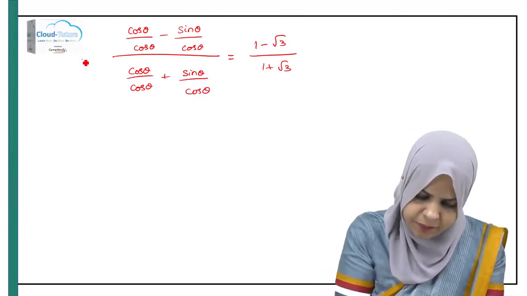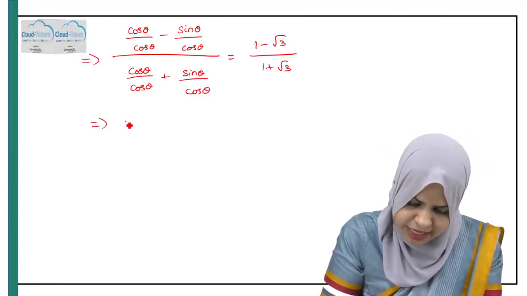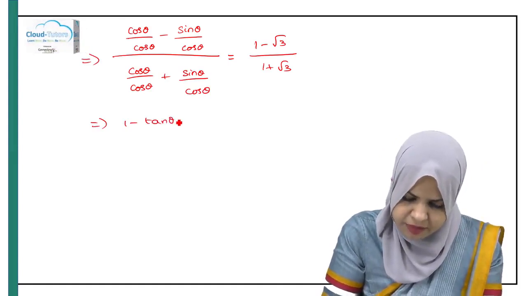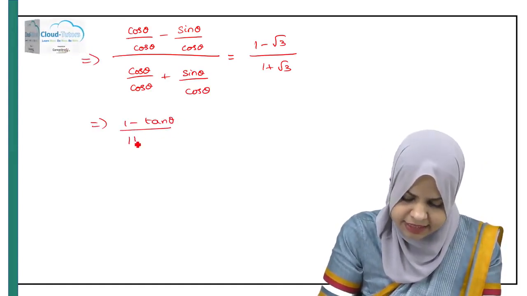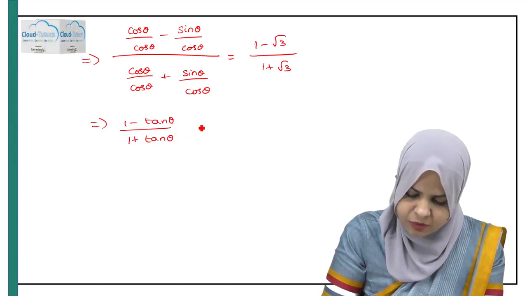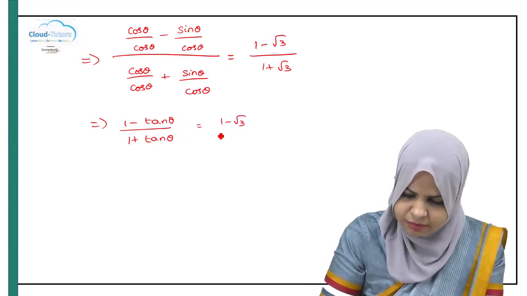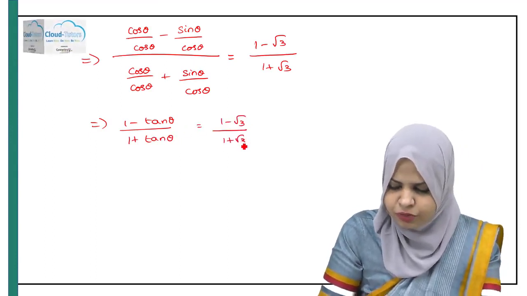So this is nothing but 1 minus tan theta by 1 plus tan theta is equal to 1 minus root 3 by 1 plus root 3.